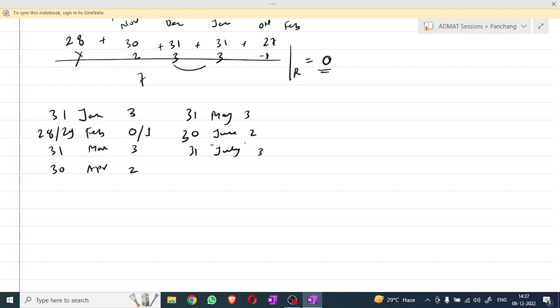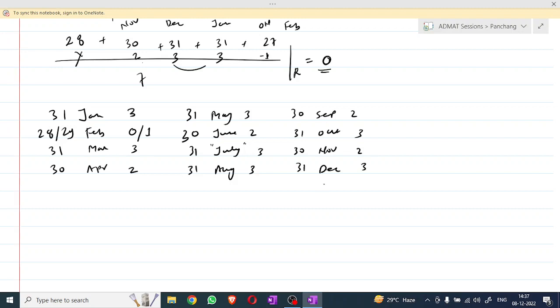Every time you go through the complete month of July, shift has to be 3. August, 31 days, shift of 3. September, 30 days, shift of 2. October, 31 days, shift of 3. November, 30 days, shift of 2. And December, 31 days, shift of 3.